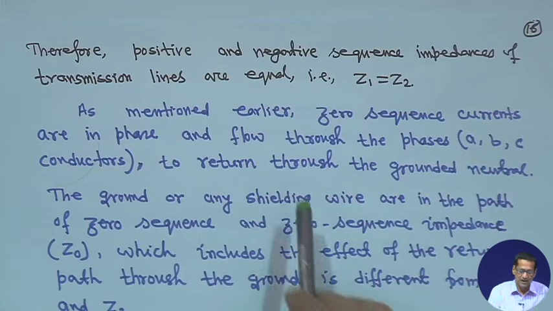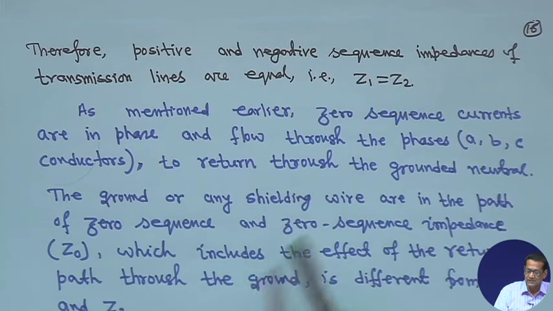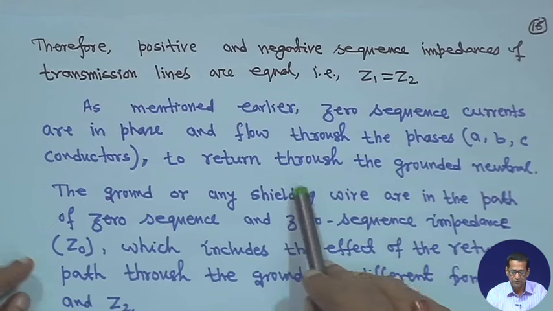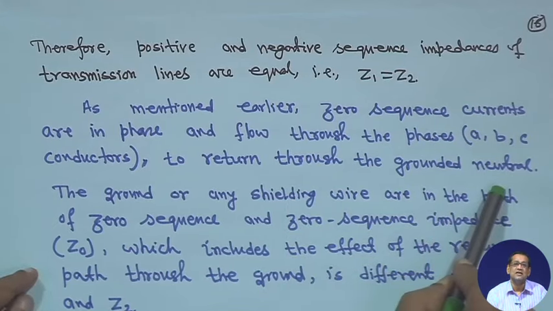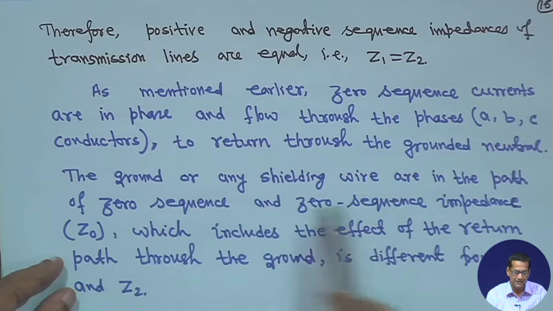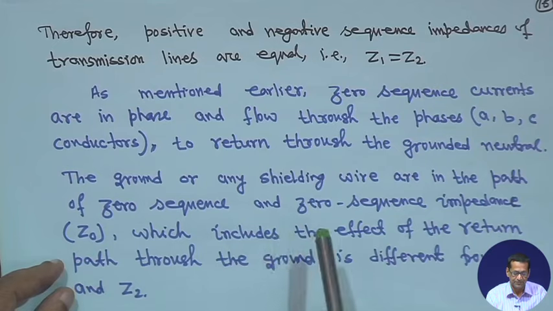But, as we have discussed before, zero sequence currents IA0, IB0, IC0 are in phase and flow through the phases, that is the A, B, C conductors, and return through the grounded neutral. So, the ground or any shielding wire are in the path of zero sequence and zero sequence impedance Z0.